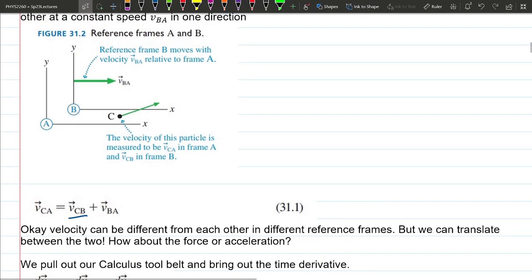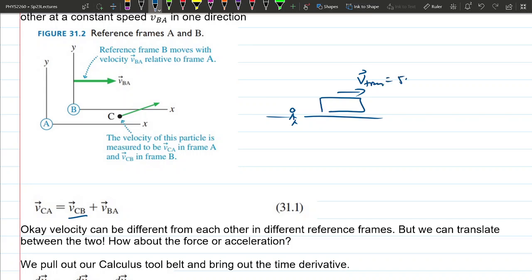The example I usually give in chapter 4 is a person on the sidewalk and a train going by. Let's say the velocity of this train is 5 meters per second. And you have a person walking inside the train, so this will be the velocity of the person in the train.